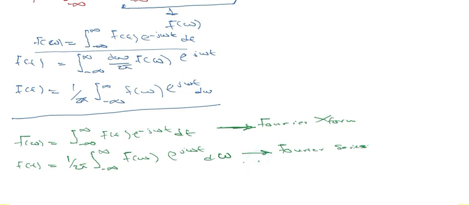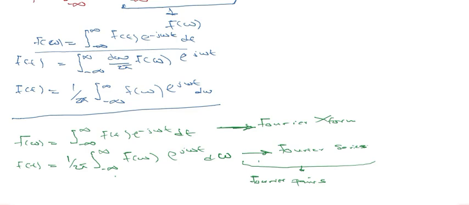Generally, the two equations are called the Fourier pairs, because they are just like a twin. We have F of omega equal to the integral from minus infinity to infinity of f of t exponential minus j omega t dt, and the other one, 1 over 2 pi times the integral from minus infinity to infinity of F of omega exponential j omega t d omega.